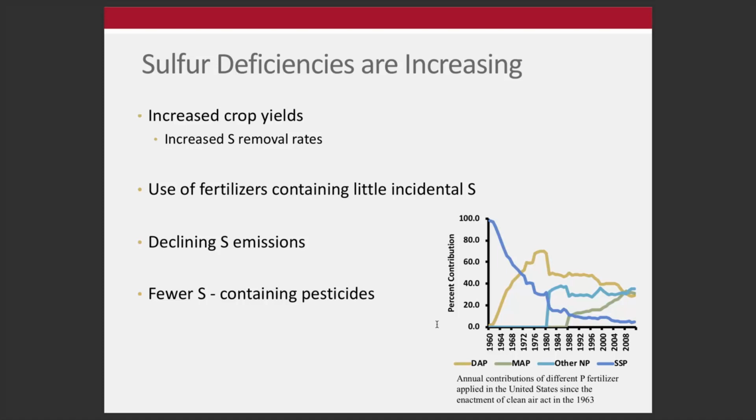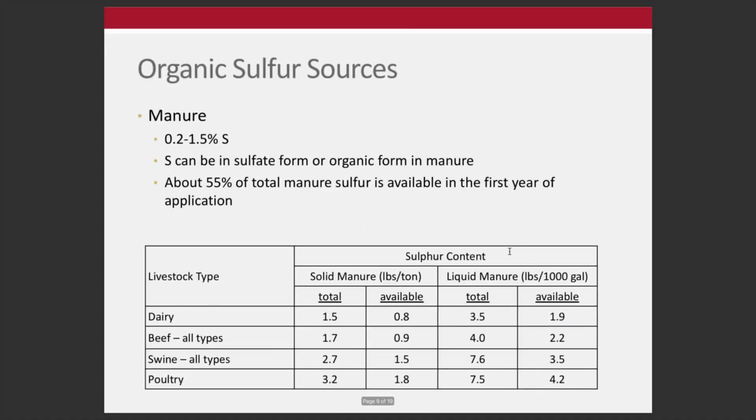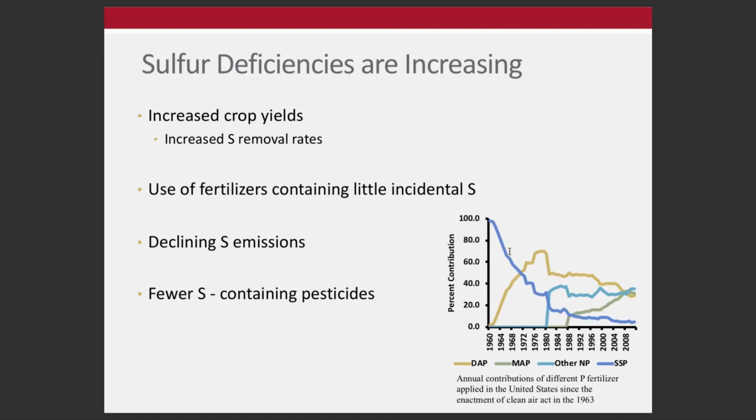Our use of sulfur-containing fertilizers has decreased. We used to use things like triple superphosphate or single superphosphate, and those actually contain sulfur, and those have decreased over the years. Because of that, we're applying less incidental sulfur in our fertilizer sources that typically were wrapped up into our phosphorus fertilizer.